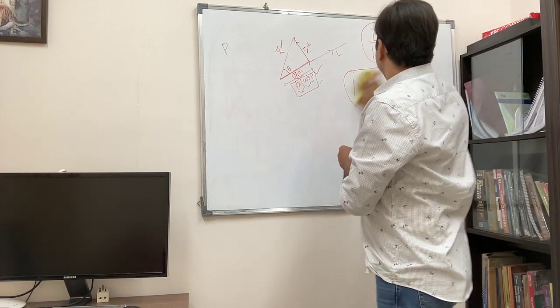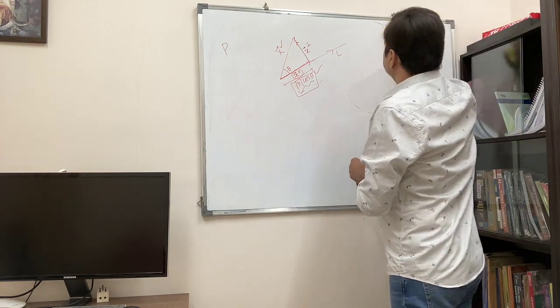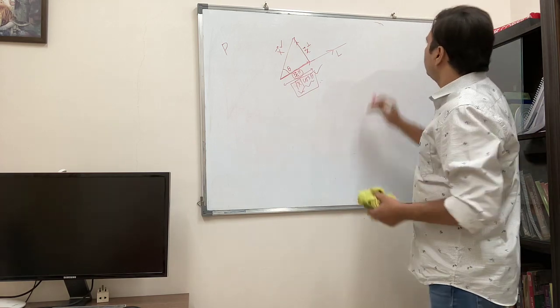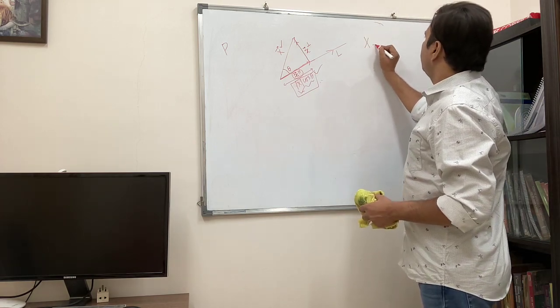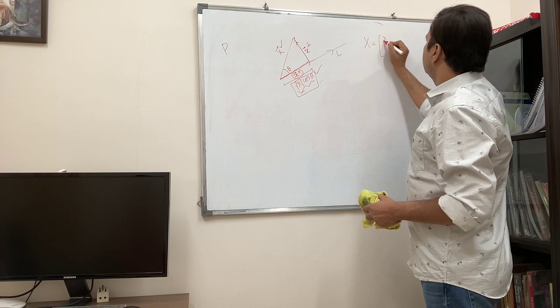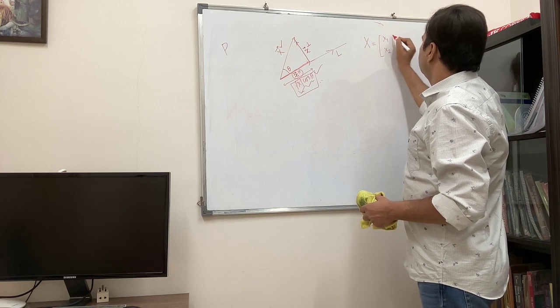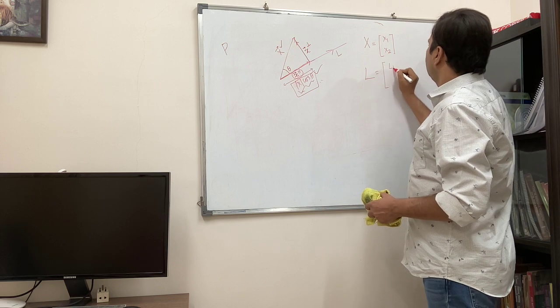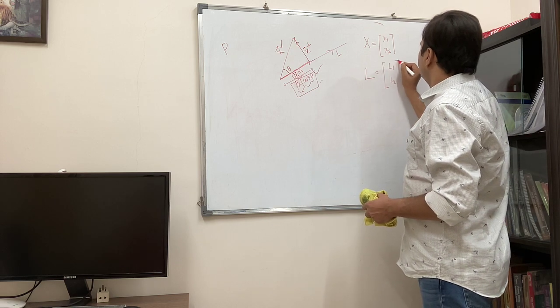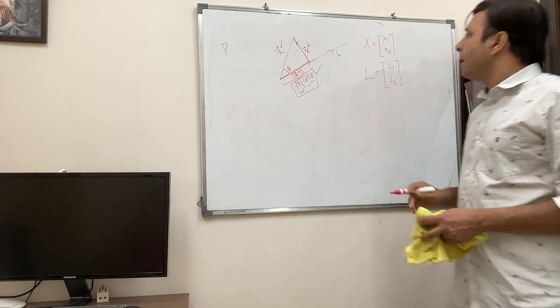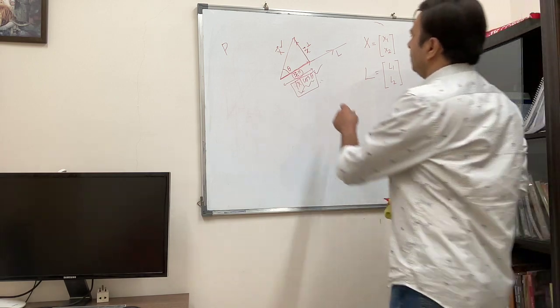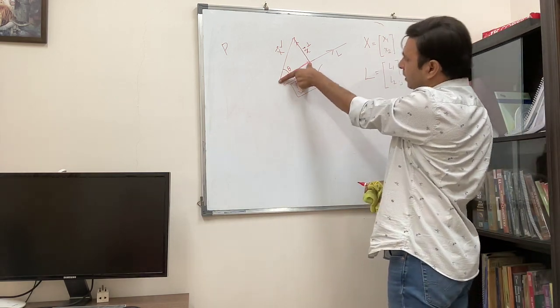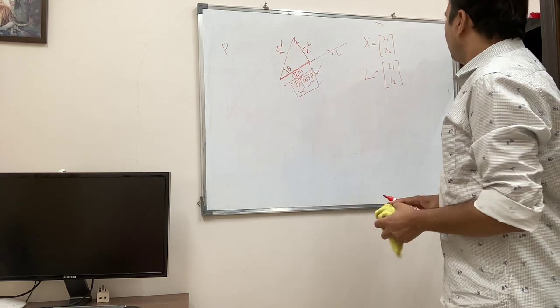Let me write it like this. Let me take an example and we proceed from there. So let's say my vector x was x1, x2. My vector L was L1, L2. And I want to write what is the projection vector along this. How can I write it?